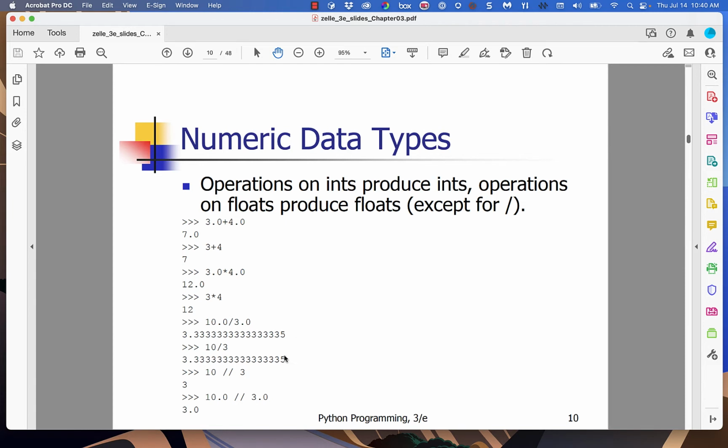Okay? Now, there's a double slash operator that does integer division. Okay? So, 10 divided by 3 with a single slash will give us a float. Why? Well, the two operands were ints, that was fine, but the slash is a float division operator, so it's going to give us 3.33333, etc. If we do 10//3, we're going to get a 3.